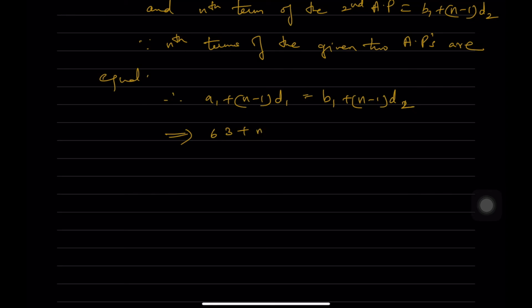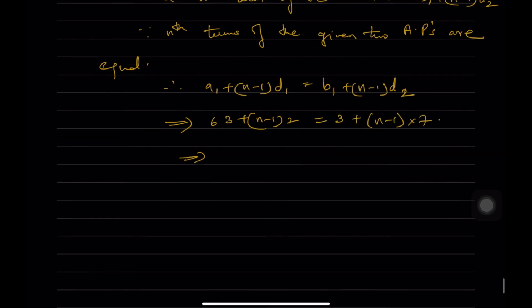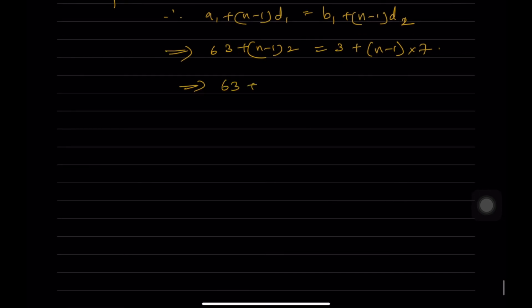So 63 plus n minus 1 into 2 is equal to 3 plus n minus 1 into 7. So which implies that 63 plus 2n minus 2 is equal to 3 plus 7n minus 7. So which implies that 2n plus 61 is equal to 7n minus 4.